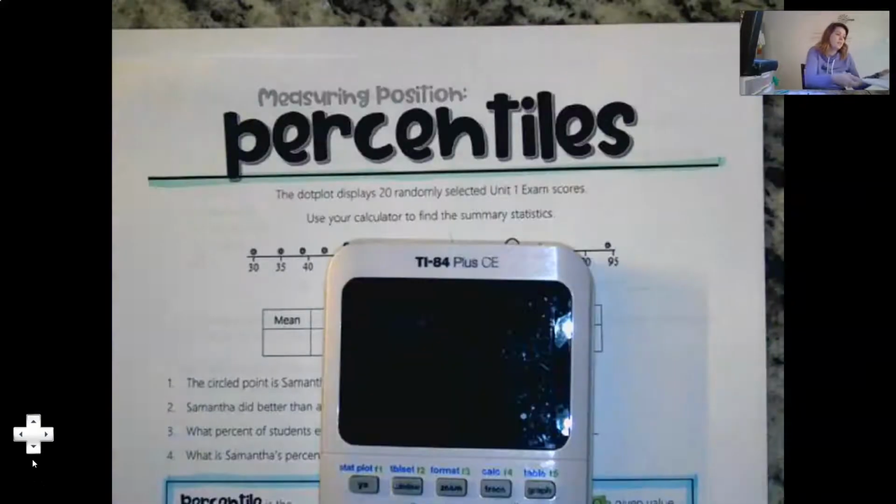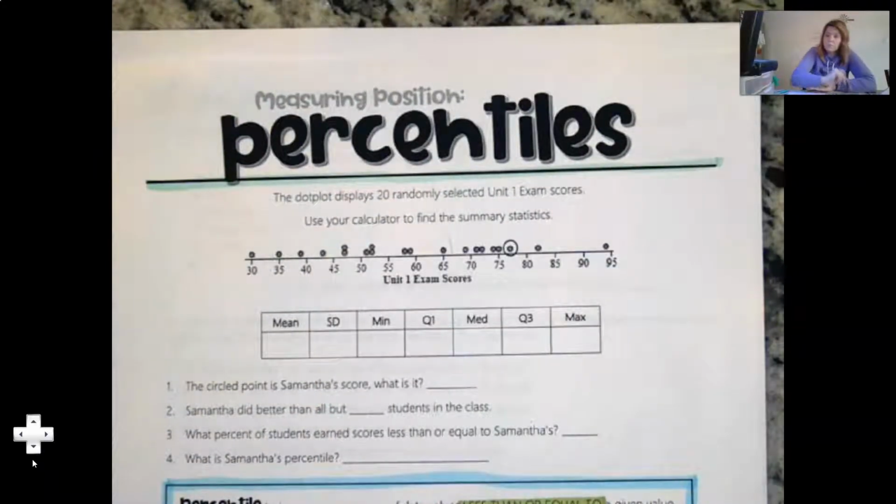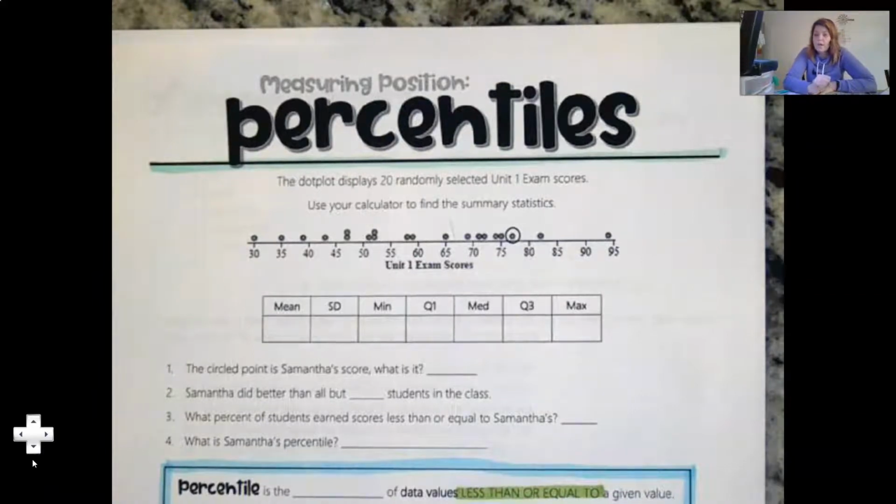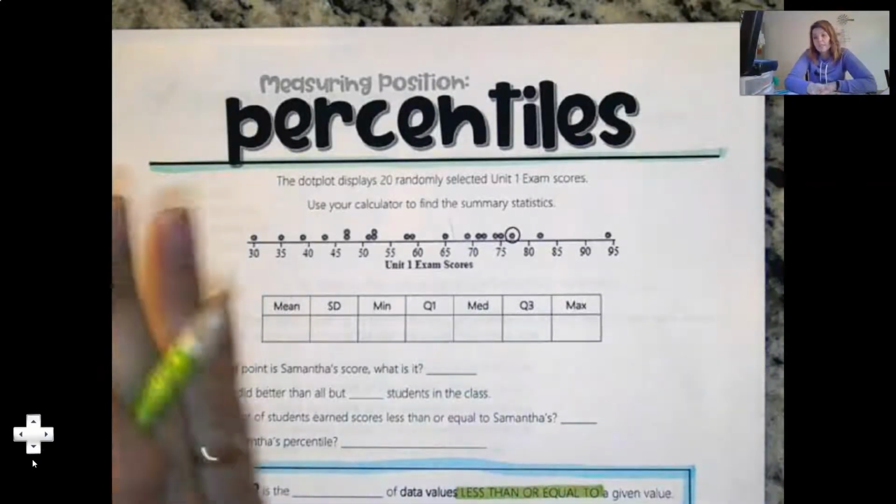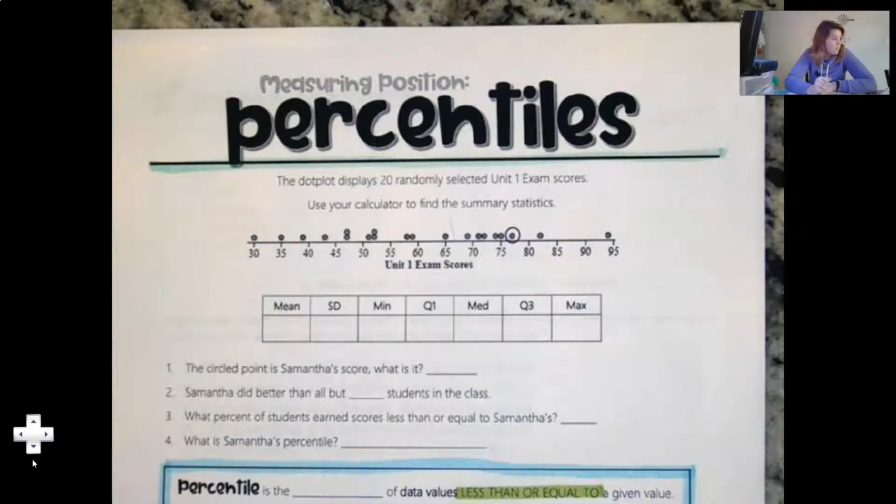So hopefully that gives you some idea about where we've been, where we're going, and why these lessons were chosen to be together in this really short unit that I would label standard deviation.